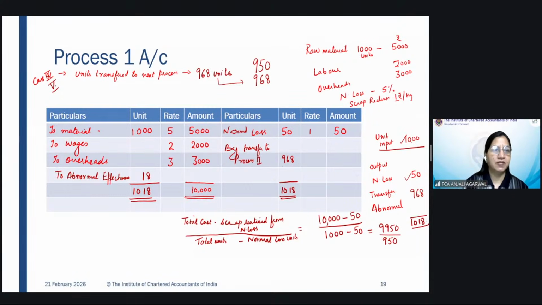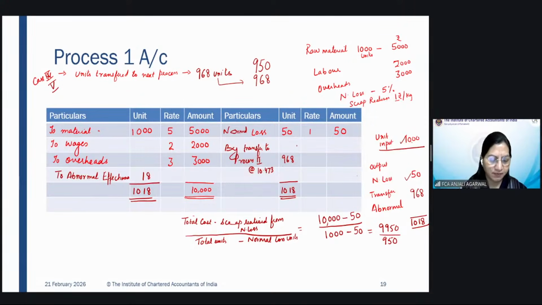So you must appreciate this thing, and you must realize that whether there was no abnormal loss, no abnormal gain, or even if there is abnormal loss or abnormal gain, your rate comes out to be 10.473. Now what you do is 10.473 is multiplied by 968, and 10.473 will be multiplied by 18 also.